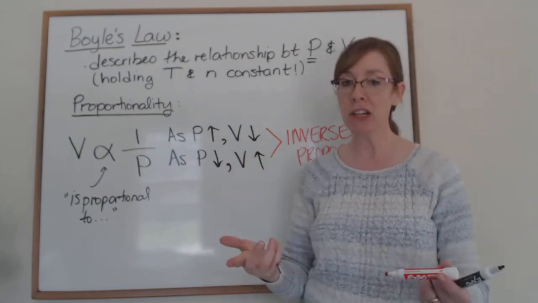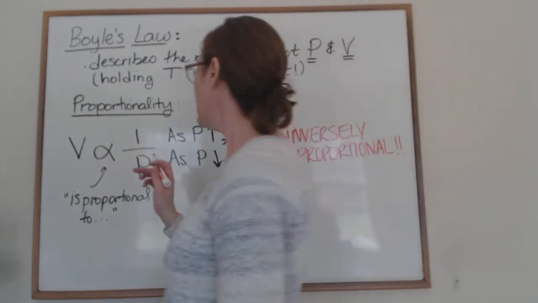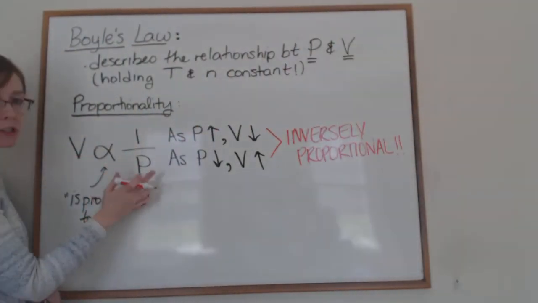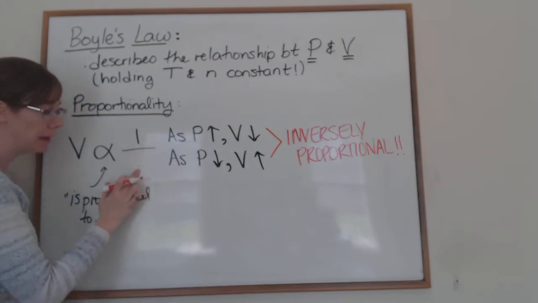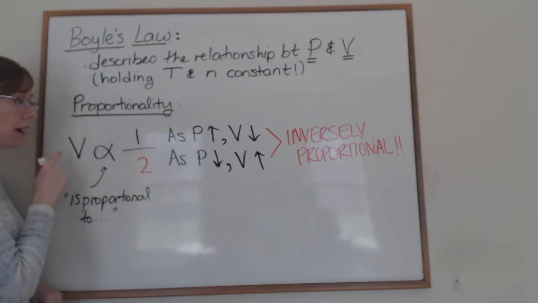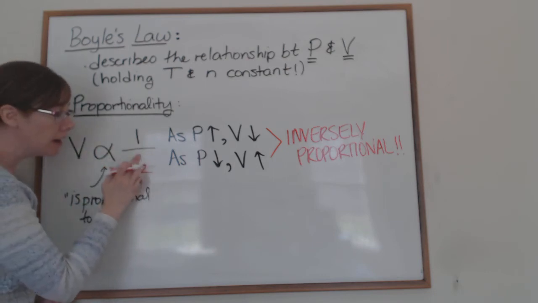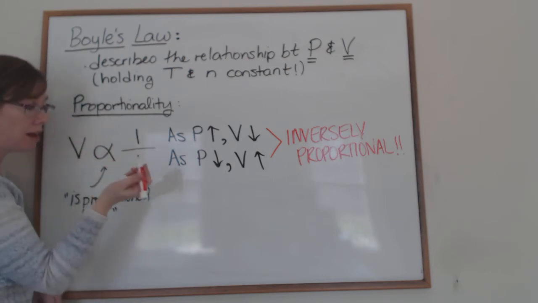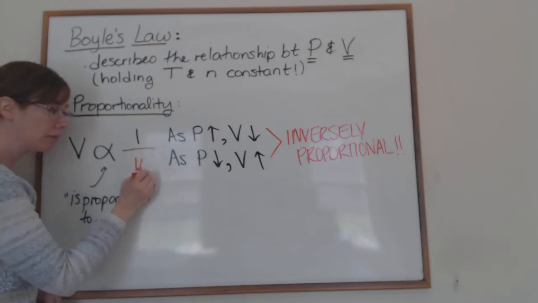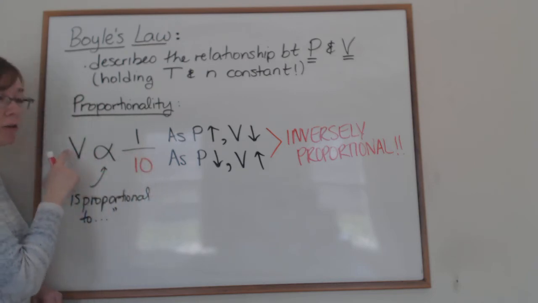And think about that. It actually does make sense. If I put in just here the number 2 for P, volume is going to be 1/2. But if I make that number bigger, let me make it a 10, volume becomes 1/10.